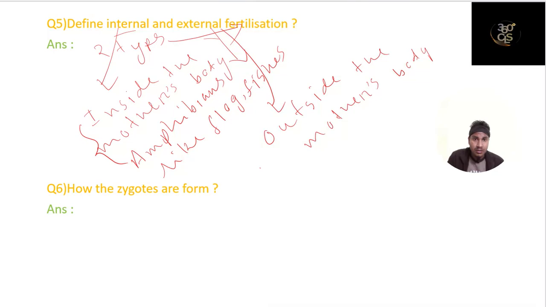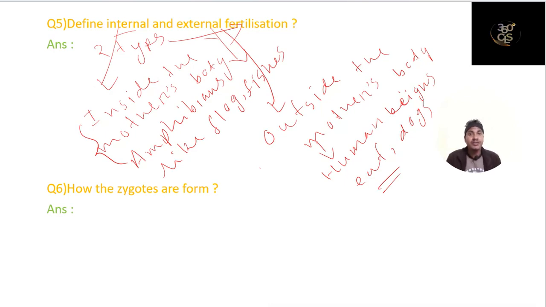Then external, like human beings, then cat, dogs, etc. So in case of amphibians like fish and frogs, the internal fertilization takes place, whereas in case of human beings, cat, dogs, etc., external fertilization takes place.